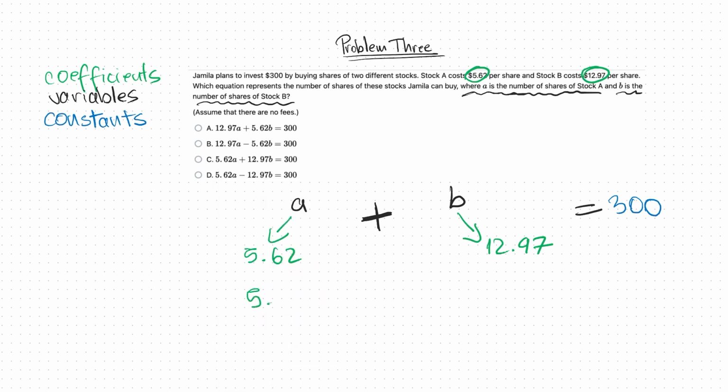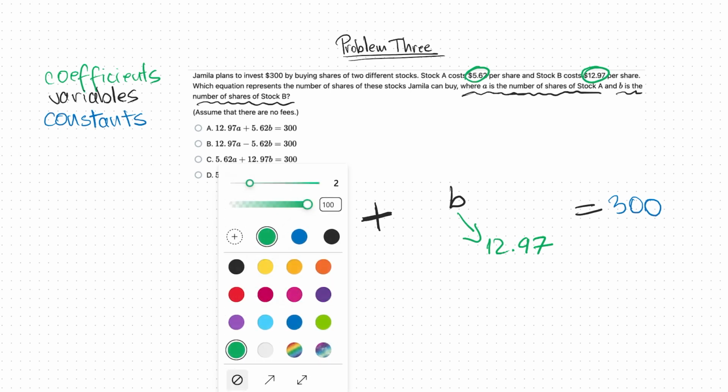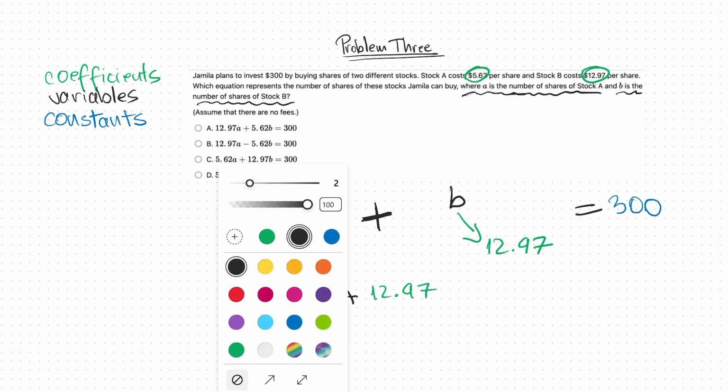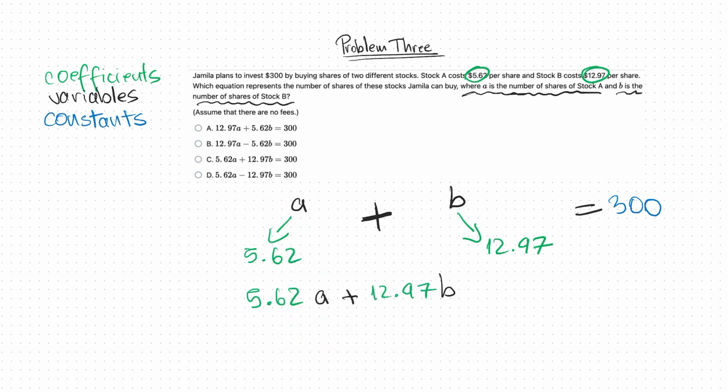We would have 5.62 times A plus, we're going to take the other coefficient, 12.97, this time times B, equals $300. So we're going to cross-reference what we got with the answers above, and we are going to see that one of them corresponds exactly to it.